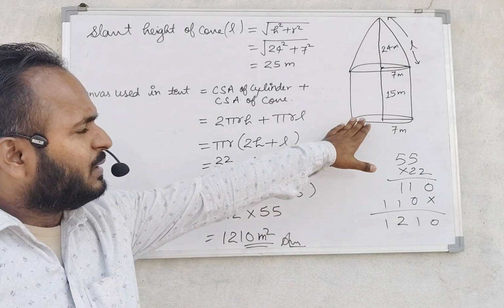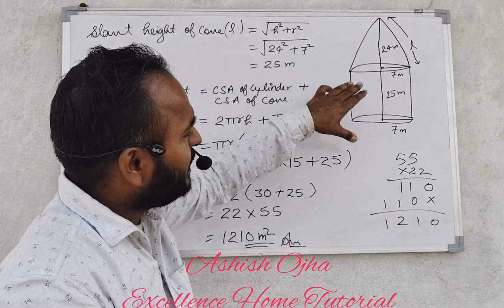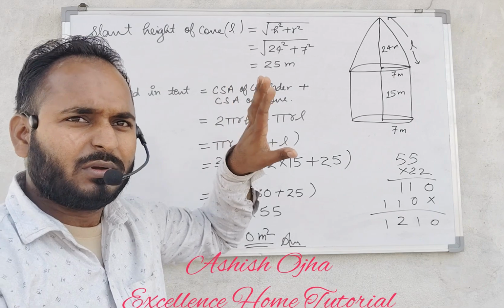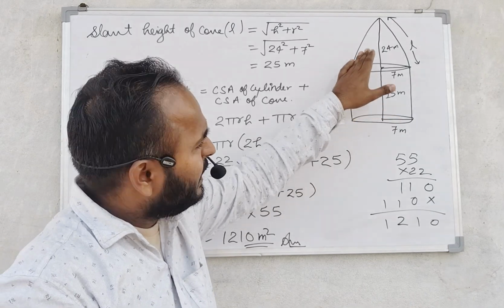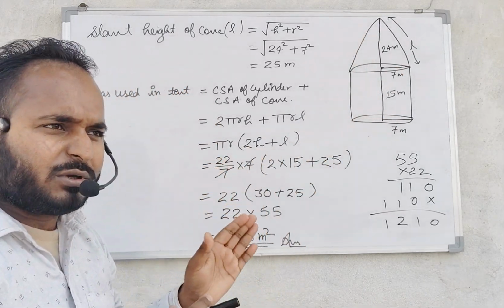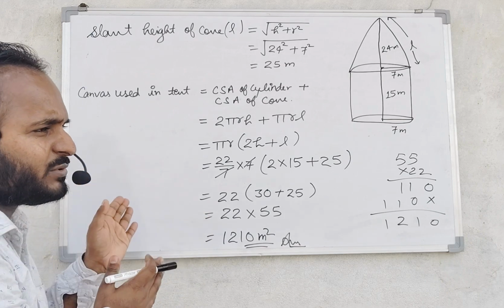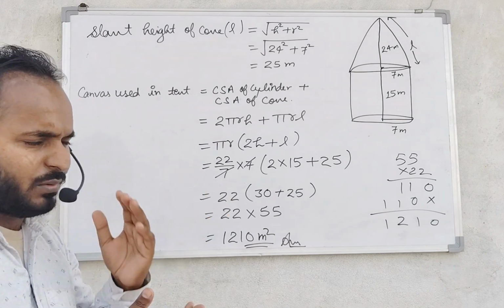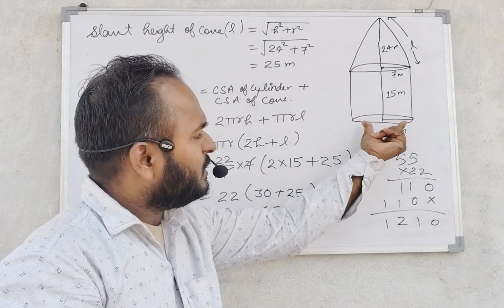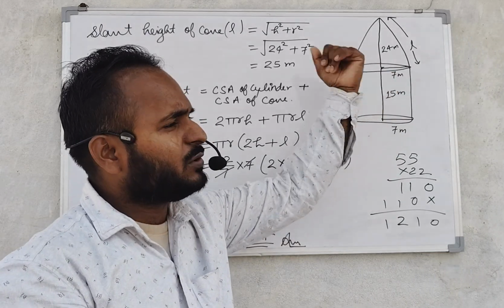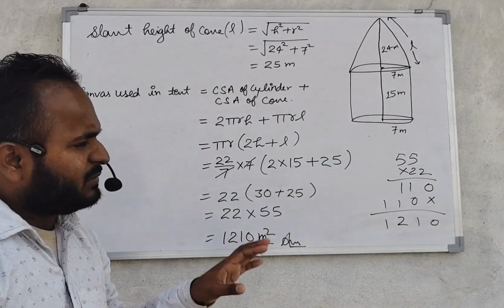Like here, a conical shape is mounted on a cylindrical shape, so the canvas is used on the curved surface of the cylinder and cone. Here this surface is not used for canvas, and this surface is also not used, so you do not have to use the TSA of cylinder and cone.